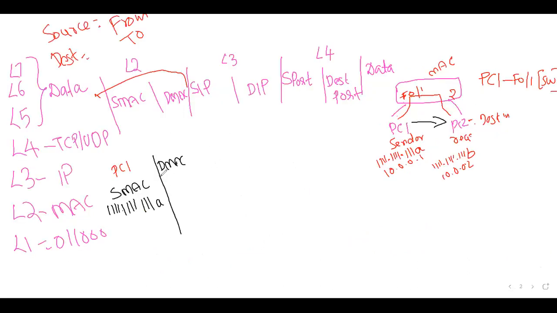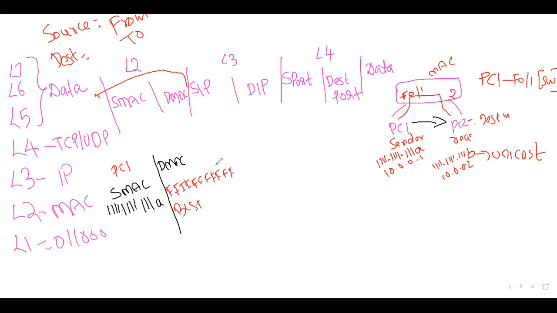Your layer 2 destination MAC, as long as you do not know the actual MAC address of the destination system, you define to inform everybody. That's called FFFF. If you know the specific MAC address, that's called unicast. If you do not know, then you send to everybody, which is called broadcast.